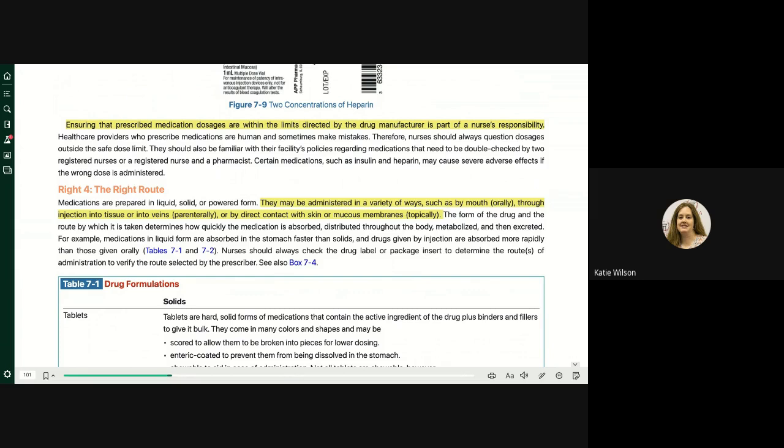So we want to double check the provider's orders to make sure that they are within the correct dosage. As nurses administering medications, we are the last line of defense in safety before that medication is given to the patient. So it's a lot of responsibility for us to try to make sure that everything is correct when administering the medication.